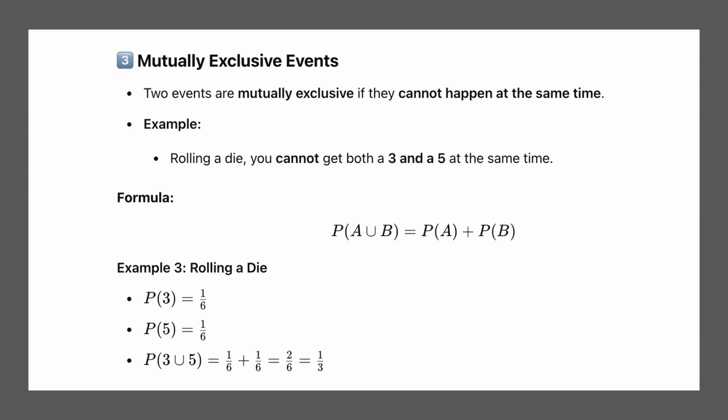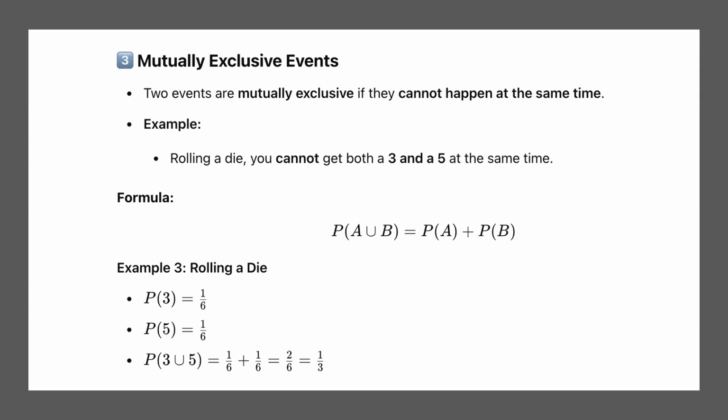Now let's try to solve this example: rolling a die and getting a 3 and 5. First, the probability of getting a 3 is 1 by 6, because 3 comes only once in the sample space, and the size of the sample space in this case is 6. For 5, the probability will also be 1 by 6.